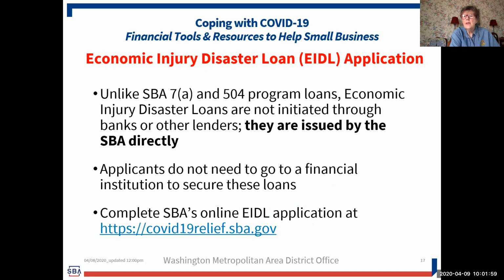Is this the new streamlined system you're talking about? Yeah, and some of them may have experience with this program. They can't expect that the PPP program with the local lenders will operate the same way.